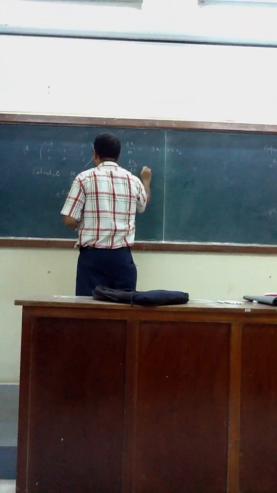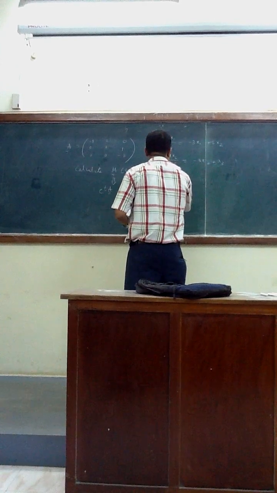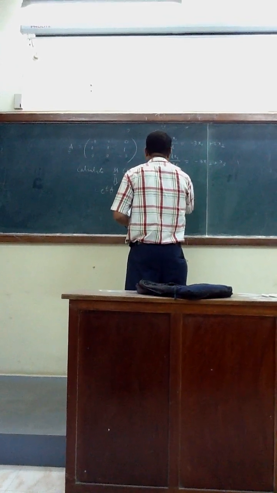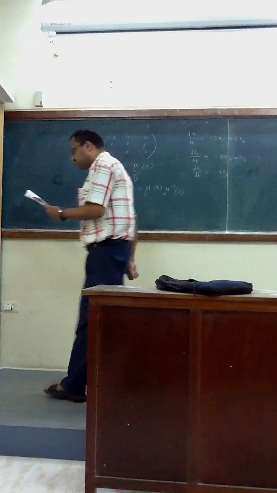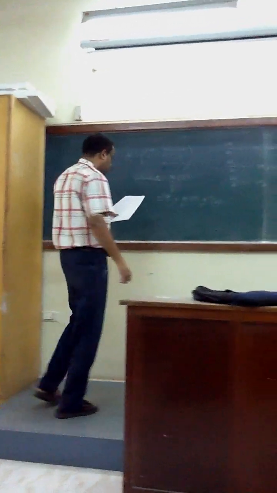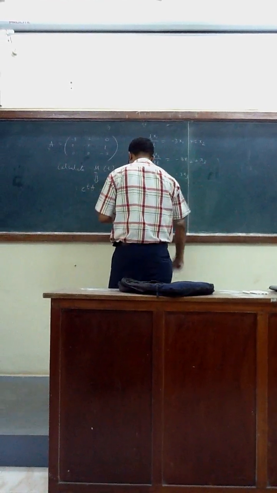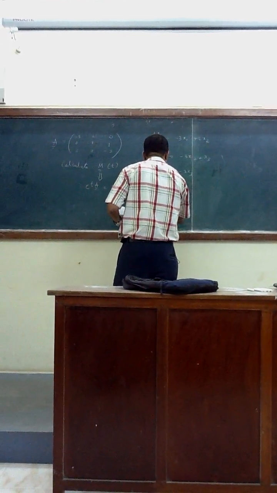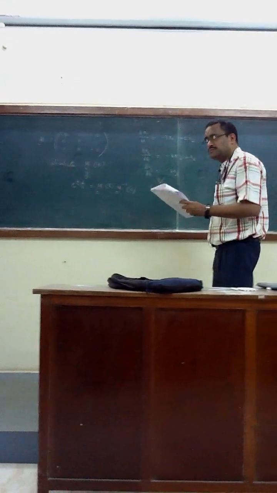So from this last equation, what do you get? x3 equals c3 prime, saying the integration constant is c3 prime, times e to the power minus 3t. Excellent, very good.